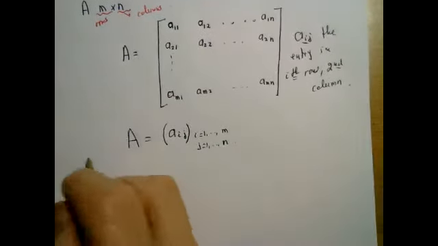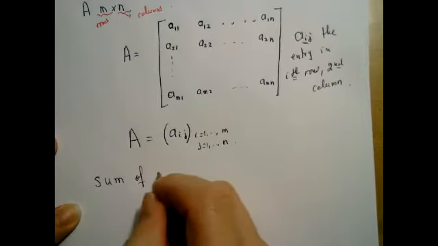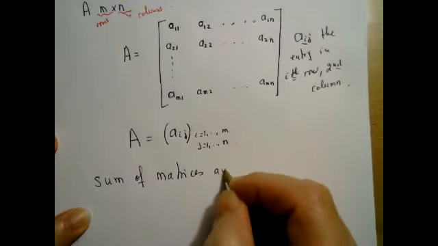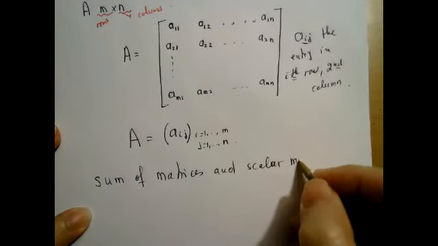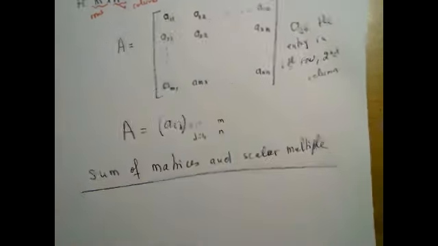Now, sum of matrices. We're going to add matrices and multiply them. Sum of matrices and scalar multiple of a matrix. Okay.